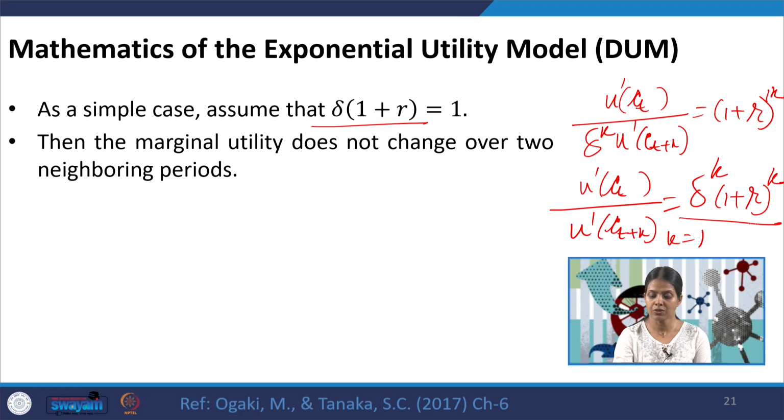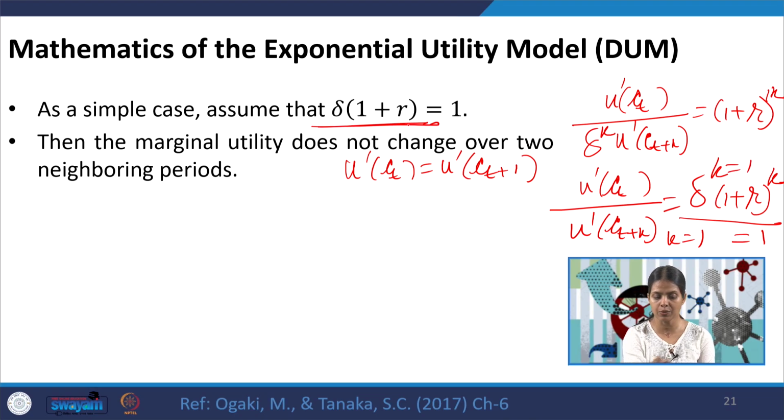If we set this equal to 1, then what we have is that u prime Ct equals to u prime Ct plus 1, right, because here k is equal to 1. So, this implies that the marginal utility does not change over two neighboring periods.